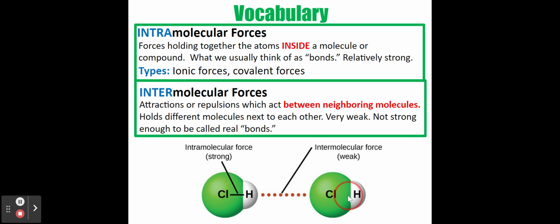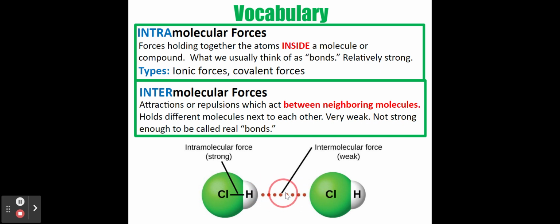So the covalent bond here and here are your intramolecular force. These are relatively strong. Now, the attractive force between these two molecules is what we call the intermolecular force, which is relatively weak, and it's represented by this dotted line here.